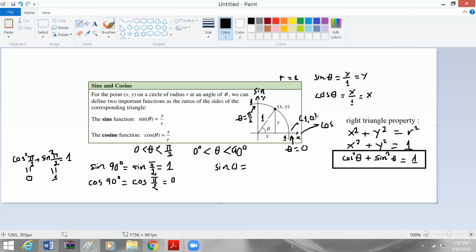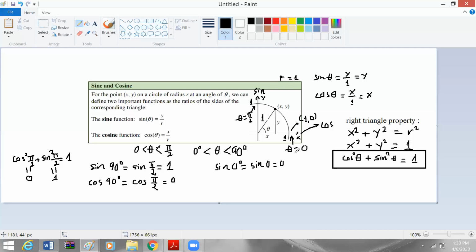Remember that x represents the cosine and y represents the sine. So apparently when we take the sine of 0 degree, which is basically the same as sine of 0 in terms of the radian, that equals 0.